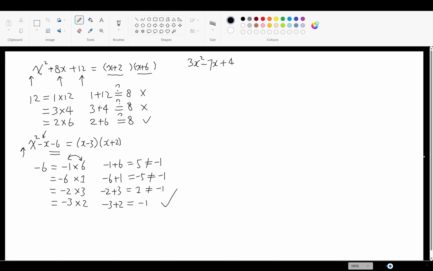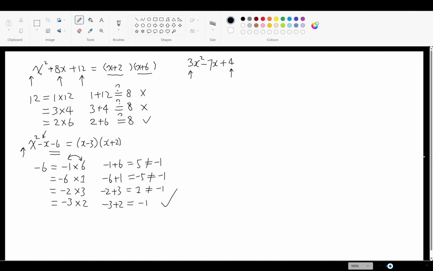So what do we do? We focus on the coefficient of x squared and the constant term, and we do the factorization of these two numbers, 3 and 4 in this case.